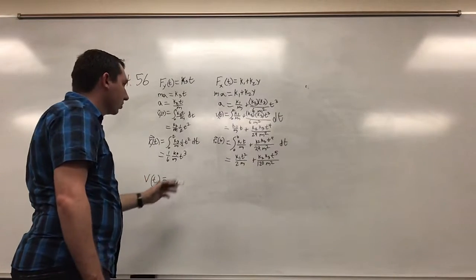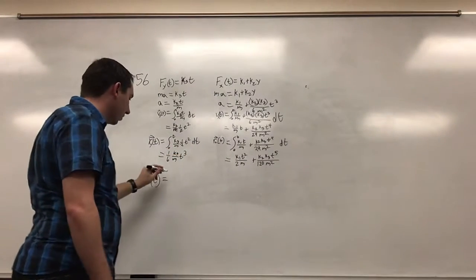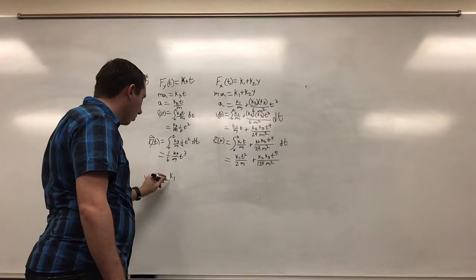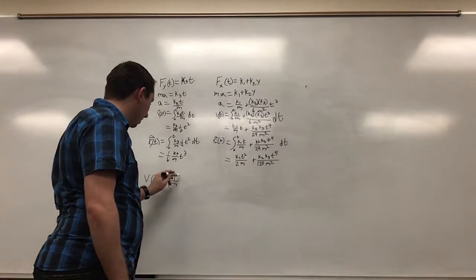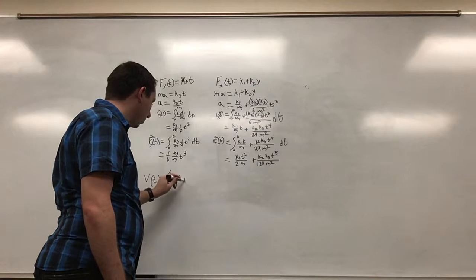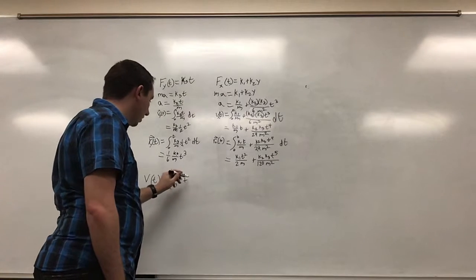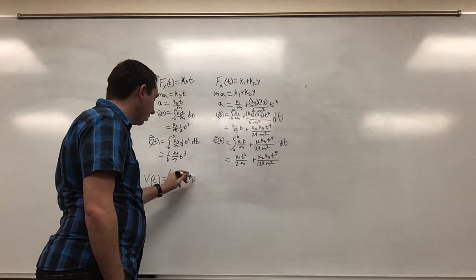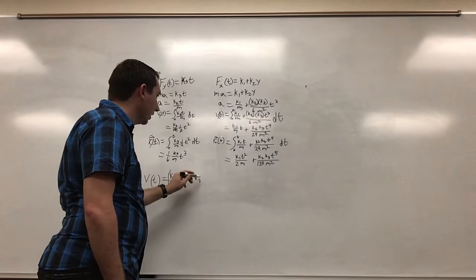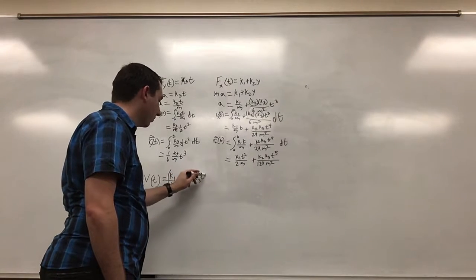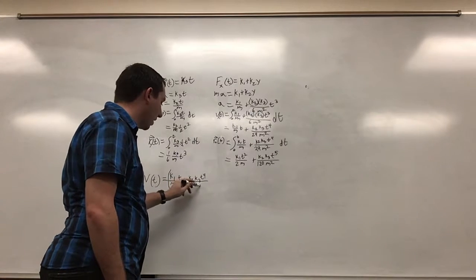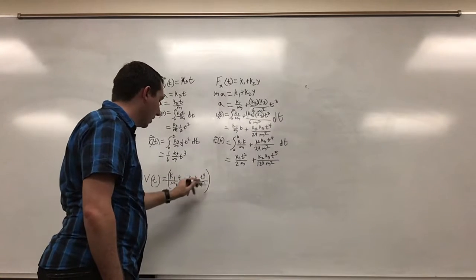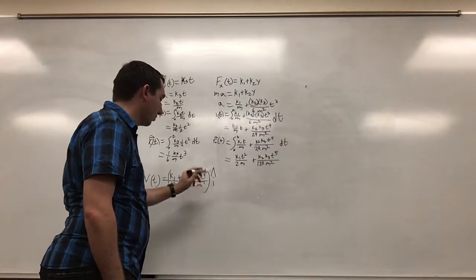It's going to be k1 over m times the time plus k2 times k3 times time to the fourth over 24m squared, and that's going to be our x component.